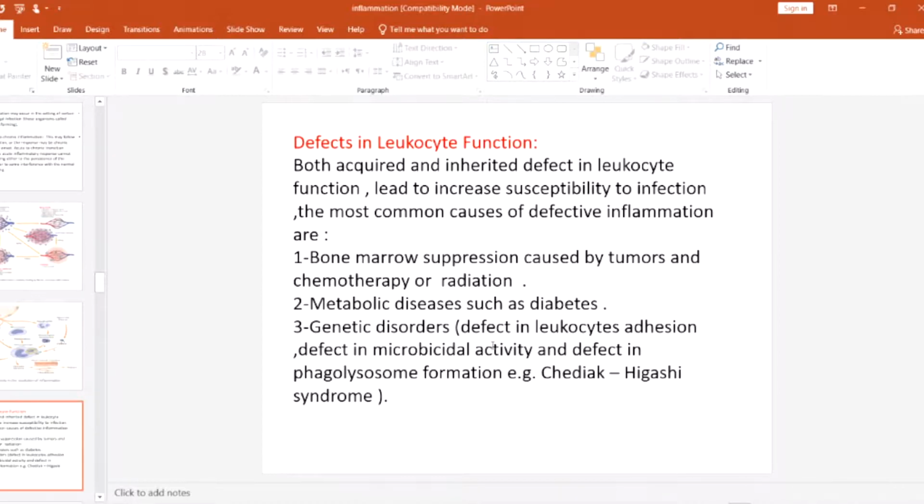Those patients have abnormality in some step. For example, in Chediak-Higashi syndrome, those patients have abnormal phagolysosomal formation, the last step. The lysosomal enzyme will not kill the bacteria, so the bacteria will proliferate and continue to grow, even if phagocytosis happened, because there are no enzymes.